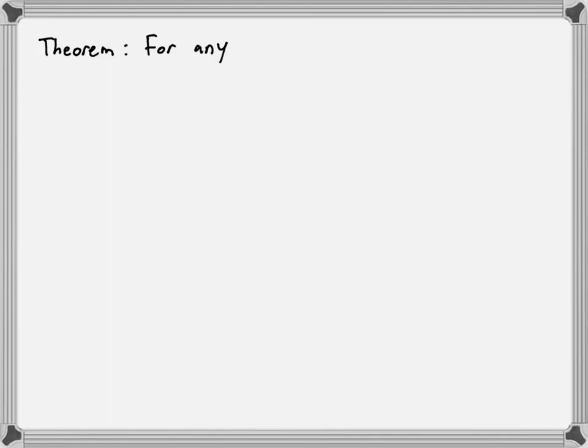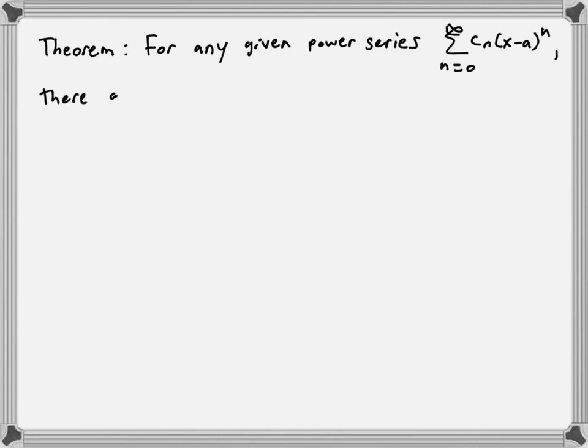For any given power series centered at a, there are only 3 possibilities.